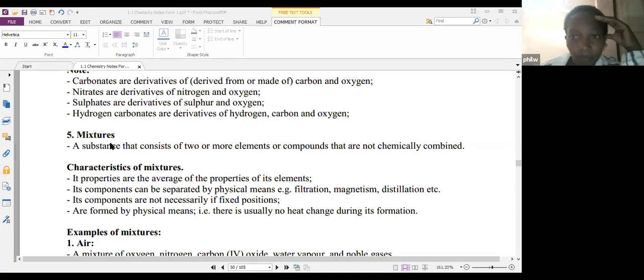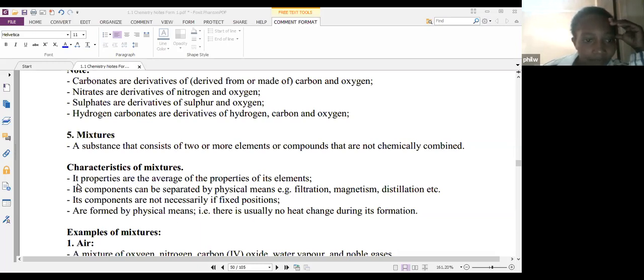And in the differences, I want to take us through mixtures. We've already seen the definition of a mixture. It is a substance that consists of two or more elements or compounds that are not chemically combined. There are characteristics of mixtures.